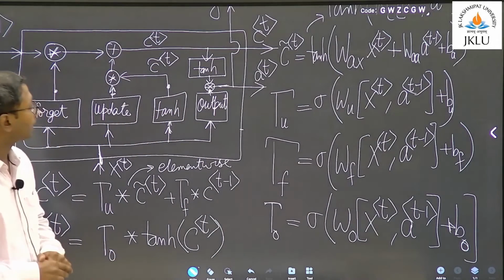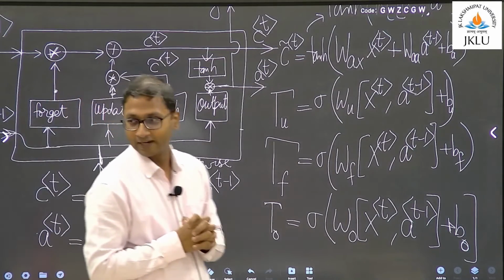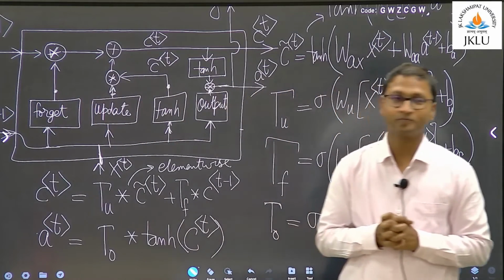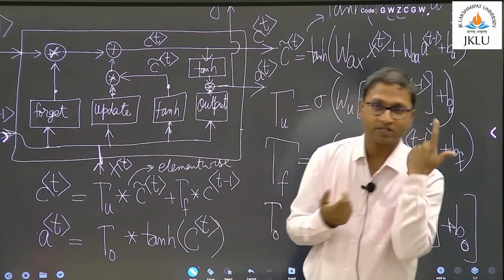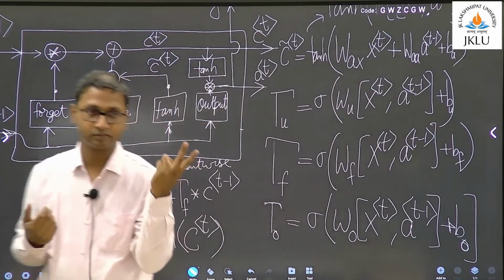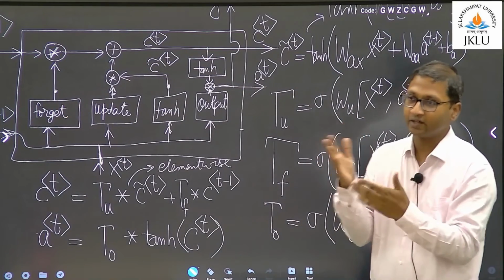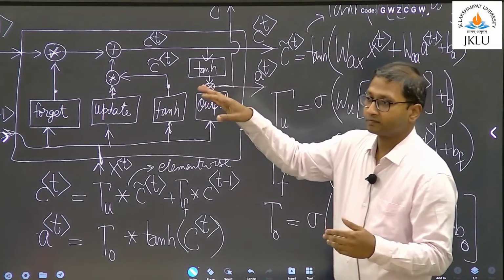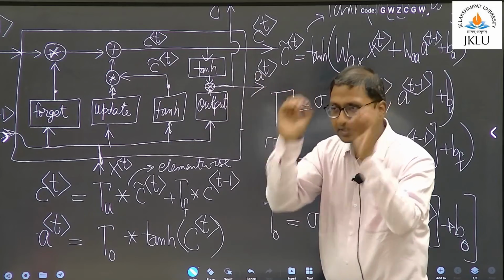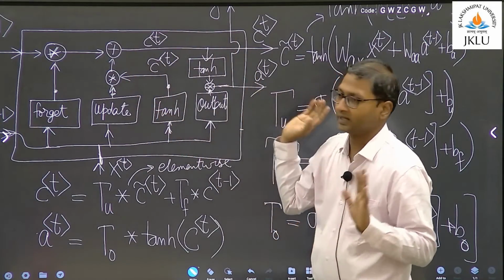Okay. Now, one more equation is left, and that you can tell me. So, output is a function of what? CT or AT? Look at this figure. Output is a function of CT or AT? Everything else is captured by AT.